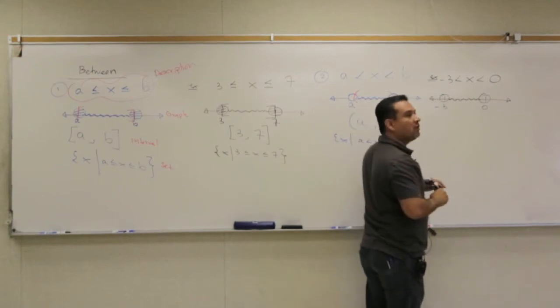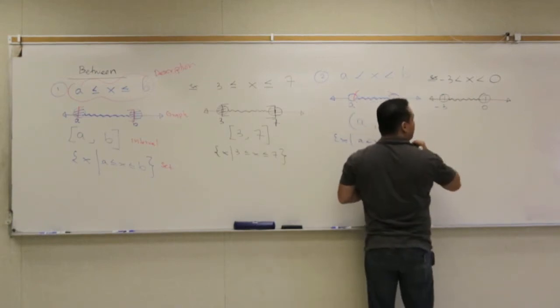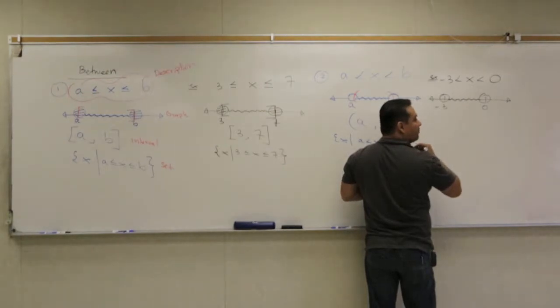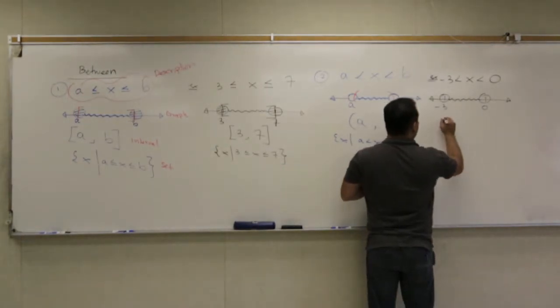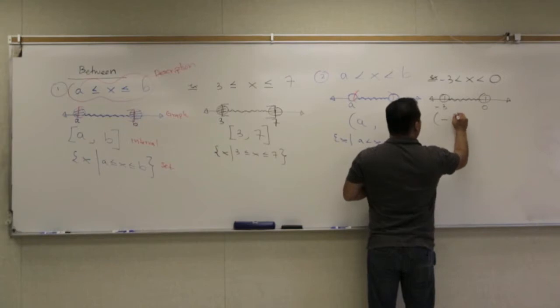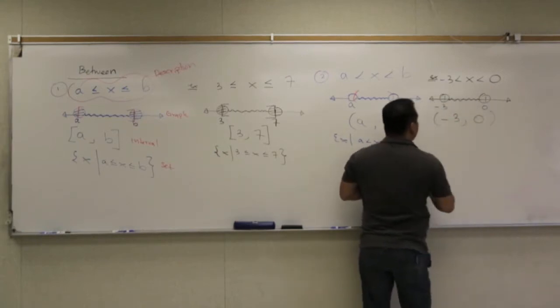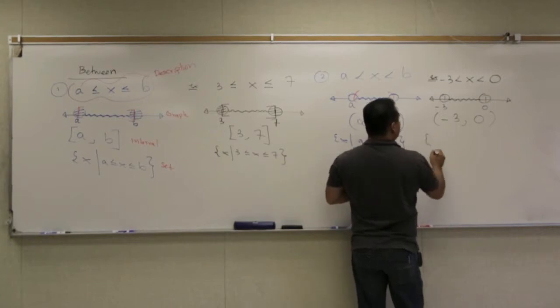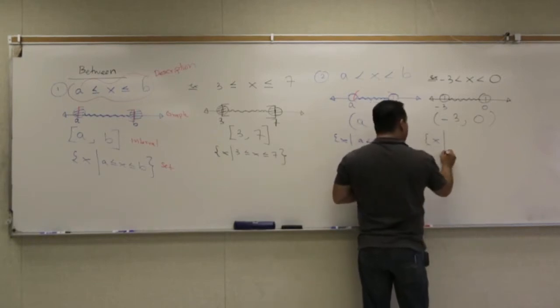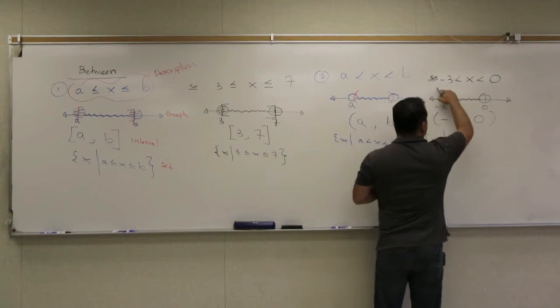What's the interval notation? What do you guys get for interval notation? What do you think? Parentheses. Good. -3 up to 0 and? Okay, good. Set notation. Set of all x such that this is your description.